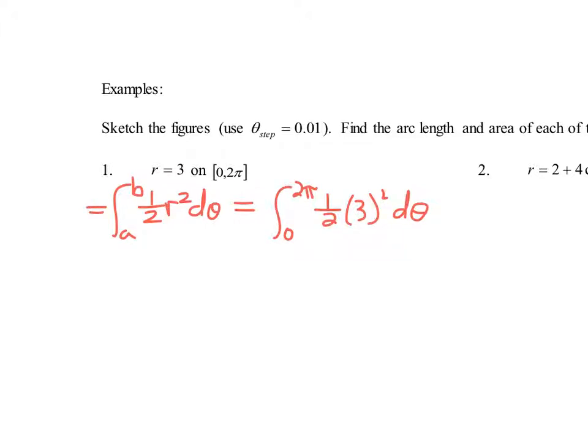And again, this is area. Anyway, so now we can clean it up. That's going to be 9/2 d theta. As integrals go, this is not a terrible one, right? Because we're anti-differentiating with respect to theta, and it's constant. So I'm just going to introduce a theta.